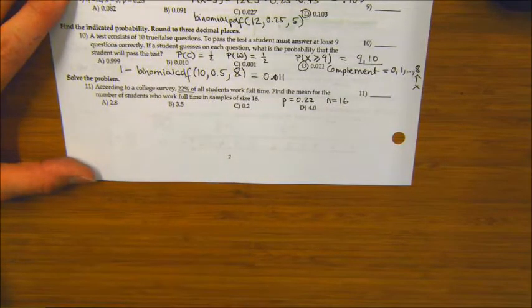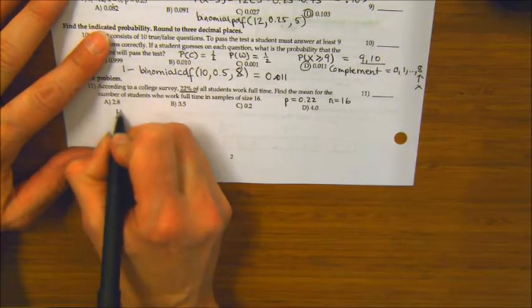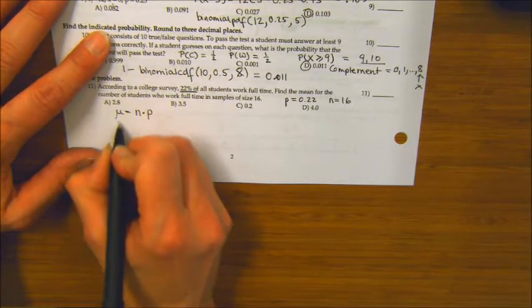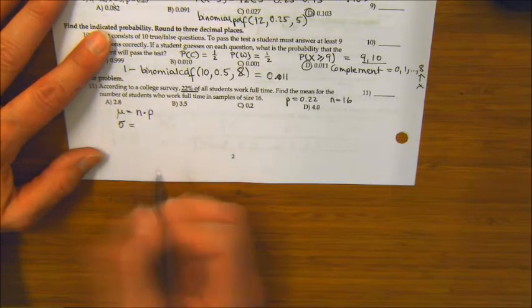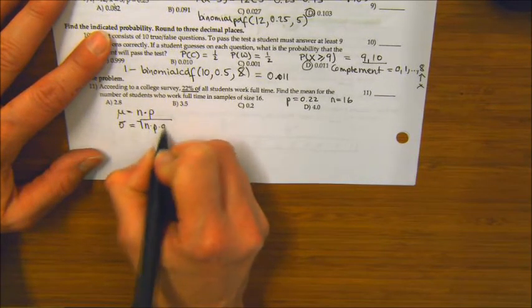The nice thing about binomial distribution is that it's super easy to find the mean and the standard deviation. So how do we find the mean? You multiply. So mean is n times p, and even though it's not asking for it, we're also going to write down the formula for the standard deviation, which is the square root of n times p times q.